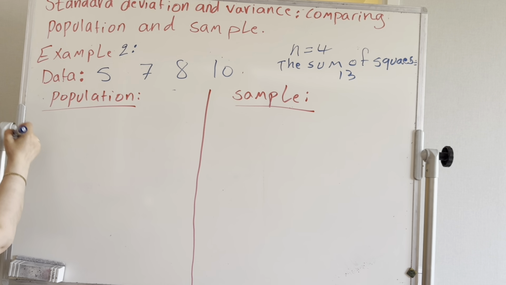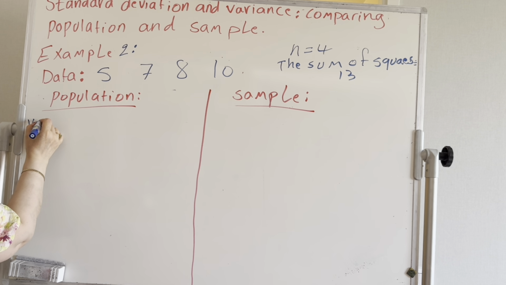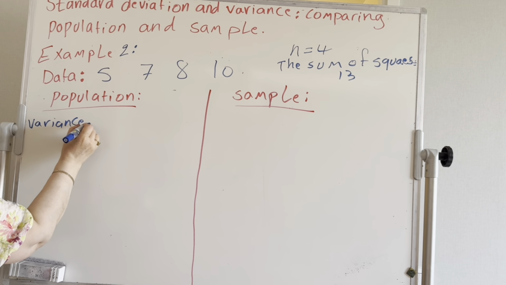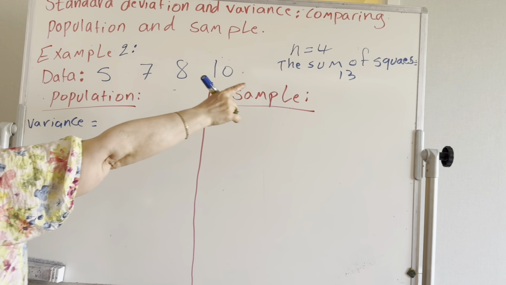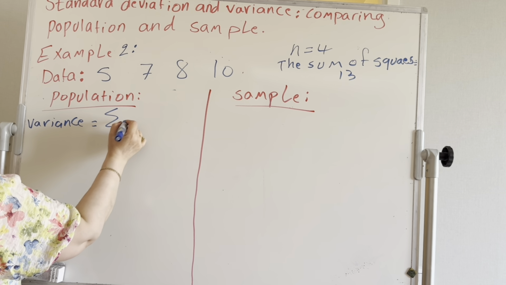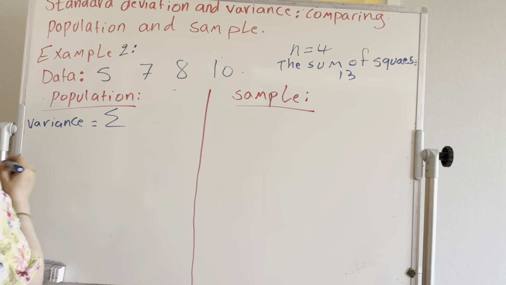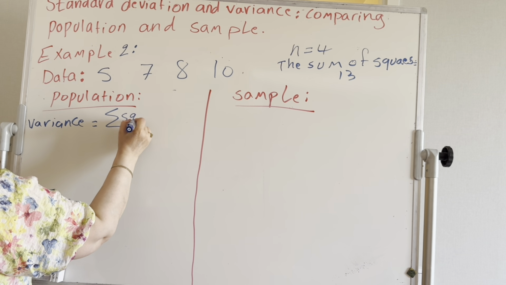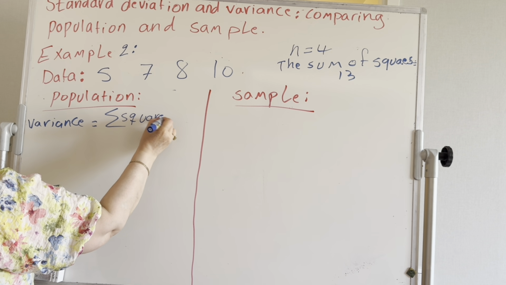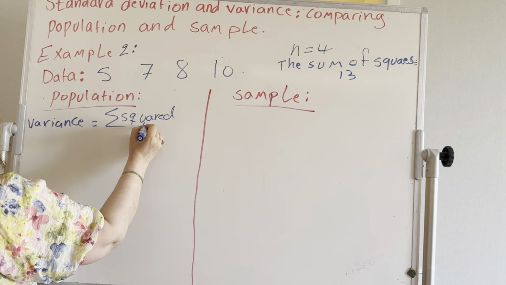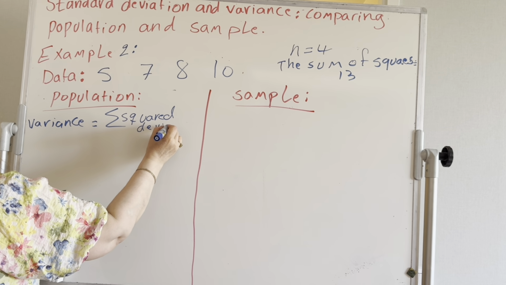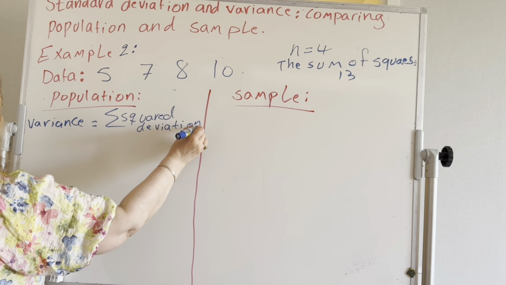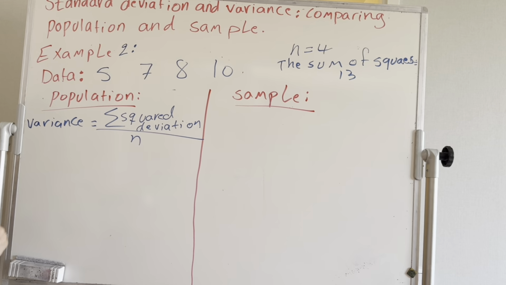Variance, population first: variance equals the sum of squared deviations divided by n.